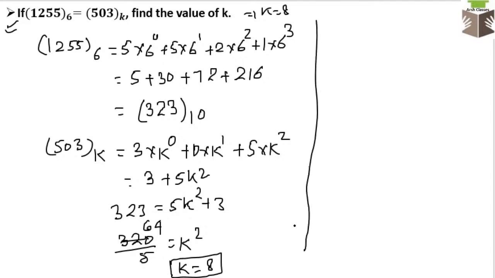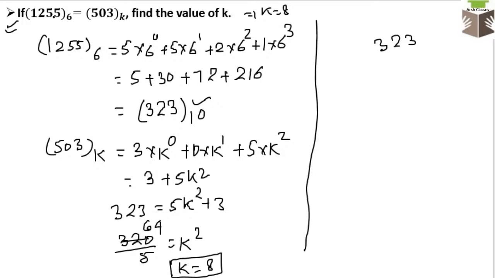But believe me guys, if this had been a cubic expression, we would definitely face difficulty solving cubic or fourth power equations. In that case, what do you need to do? Just calculate the number given here in base 10 first. Then write the number in base 10 and check: if this number is less than the other, it means the base k is more than the base 6 here, right?